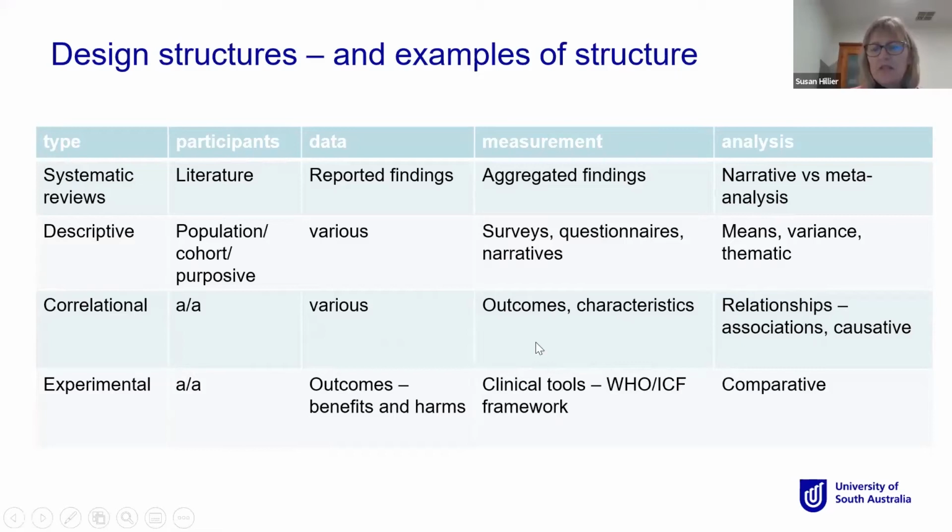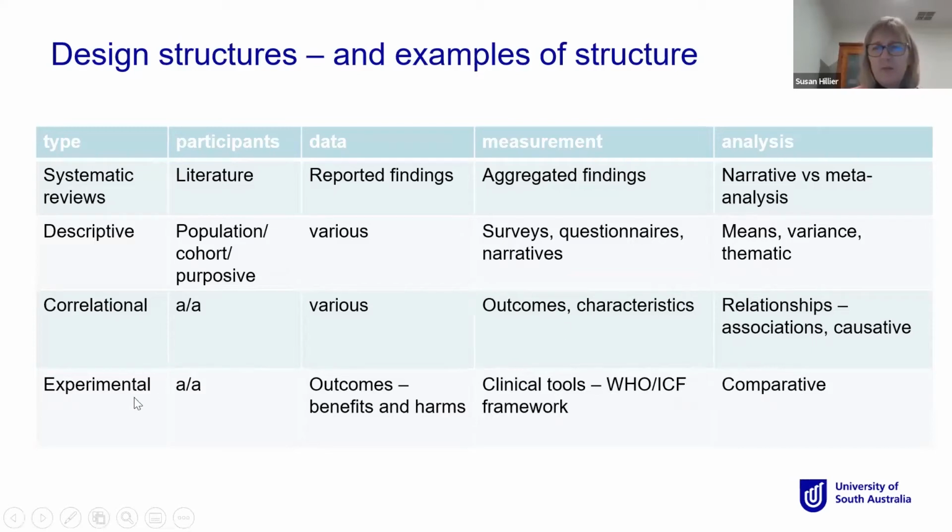And the measurement is on outcomes and characteristics of our data, of our populations, and the analysis, therefore, is probing relationships across the continuum of data, looking at associations and, if possible, looking at causation, which requires a different kind of testing, a different kind of study design.